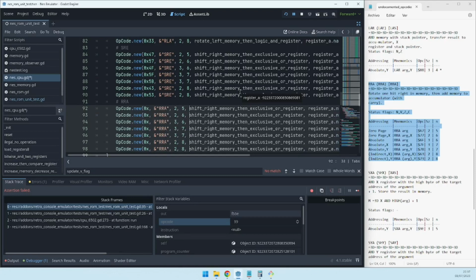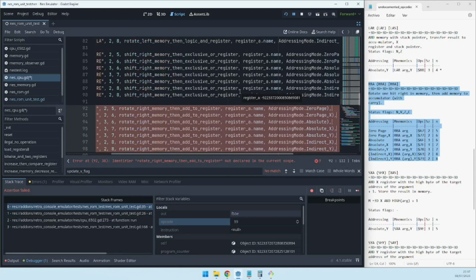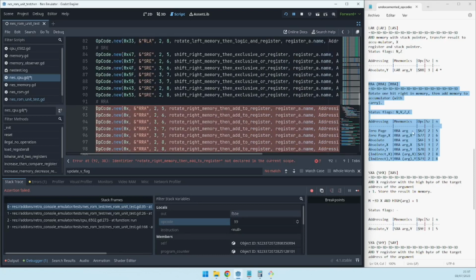This is rotate right memory, then add to register. Okay, and register and addressing mode is correct. Size is 2233322. Cycles are 5667788. So this is all correct, and I only need to update the opcode.